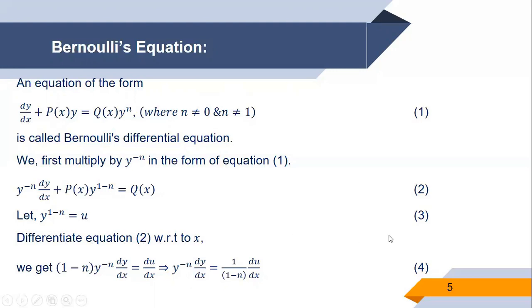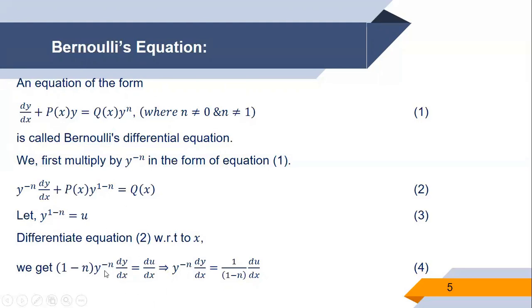So we get 1 minus n, y raised to 1 minus n minus 1, that means y raised to minus n, times the derivative of y, dy by dx, is equal to du by dx.